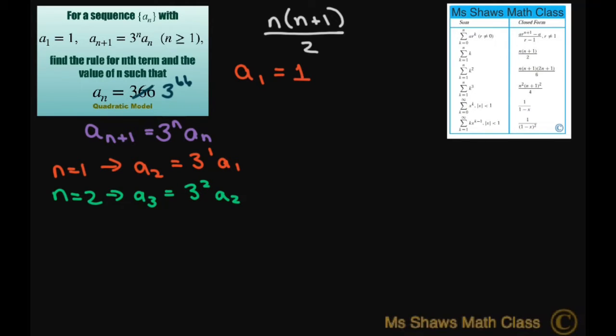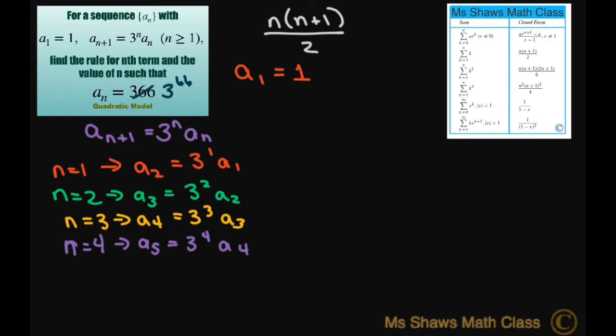If n equals 3, I'm going to get a sub 4 equals 3 to the power of 3 times a sub 3. And then if n equals 4, that's going to be a sub 5 equals 3 to the power of 4 times a sub 4.